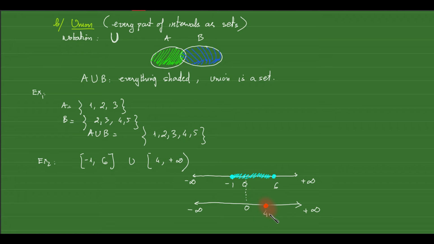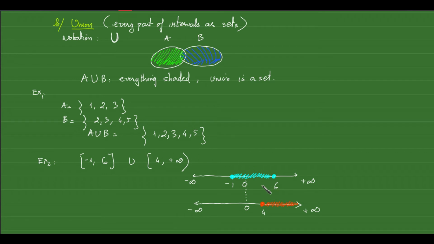Let me see. It's not working. I don't know how. Here you go, I can delete it now. Okay, so let's redraw this. This is 4 here, and we want to include 4. So it's 4 right here, and we shade it. There you go.